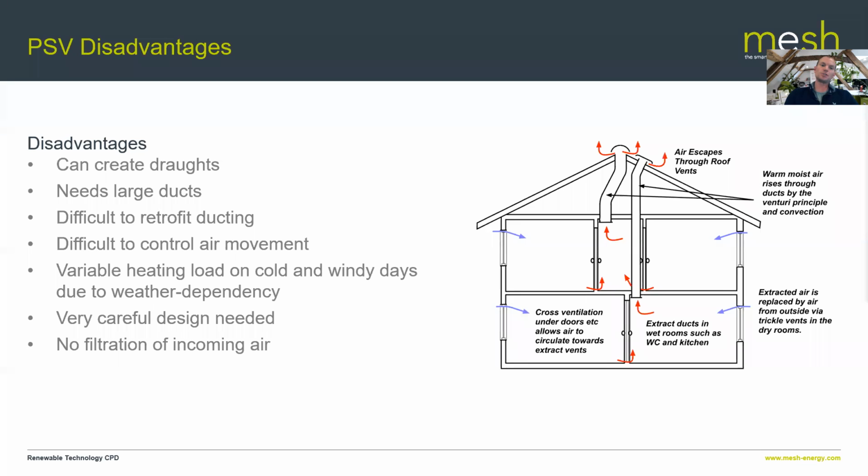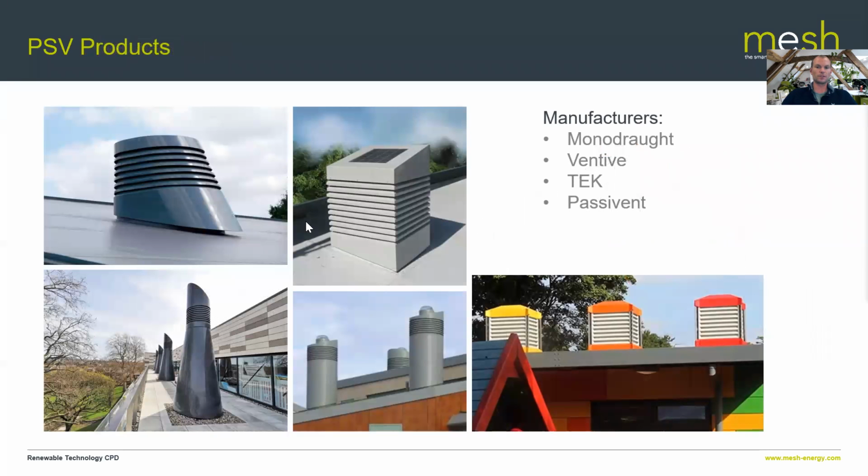And there's no opportunity to filter air either. As you add in more filters, you're creating natural resistance to the airflow. So it's not all advantages, it's not all roses. There are some disadvantages with this stuff, and like all good designers, we've got to balance where this is appropriate and where it's not. But hopefully that gives you a rounded idea.